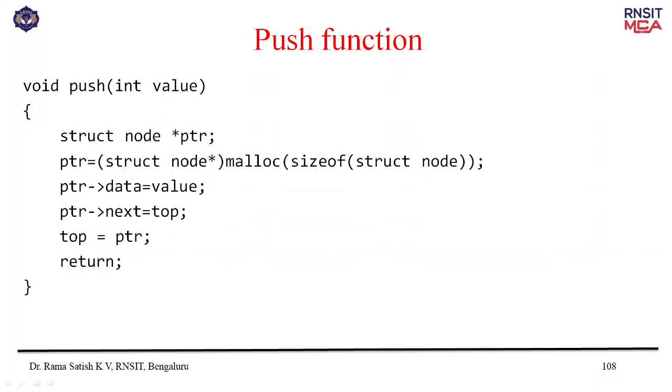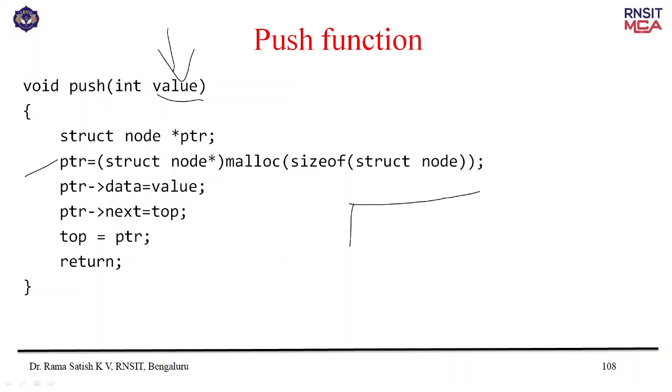So this is the logic. If you look at the programmatic way, in a push function you are supplied a value, and once this value is supplied, it is stored into a local variable value. Now, what are you going to do? You create ptr is equal to struct node malloc struct node.